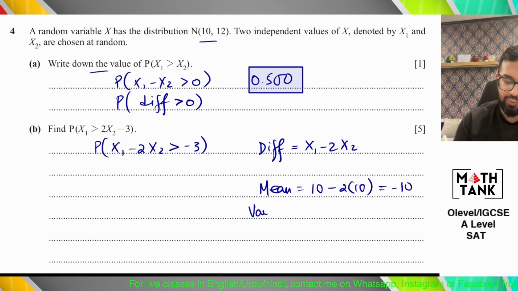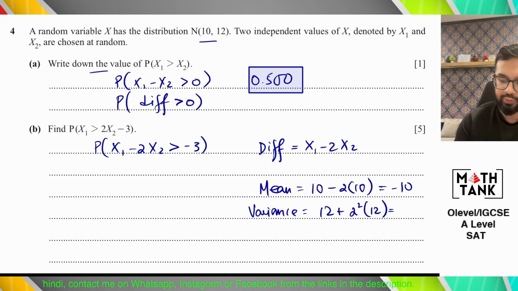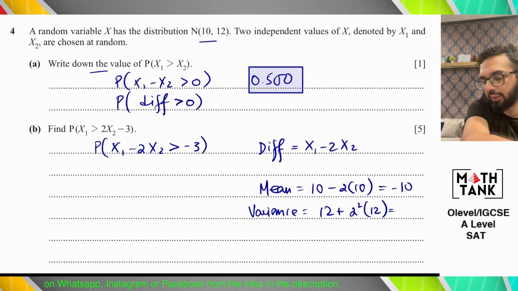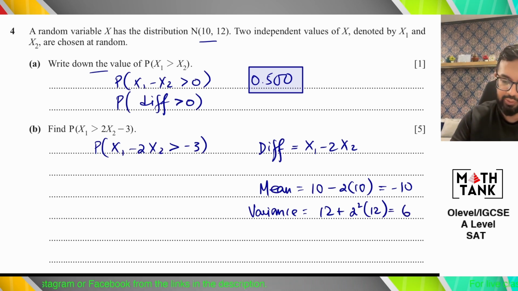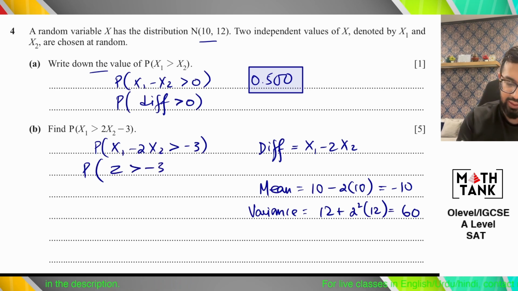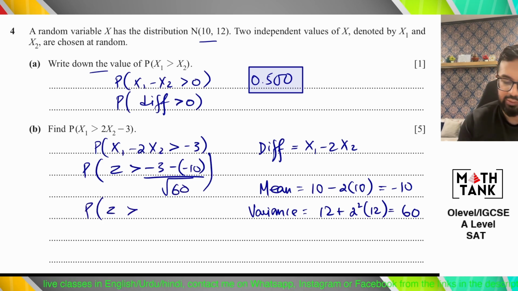And the variance is going to be 12 plus 2 squared times 12, 48 plus 12 is 60. This is going to become z is greater than minus 3 minus minus 10 divided by root of 60, 7 over root 60.